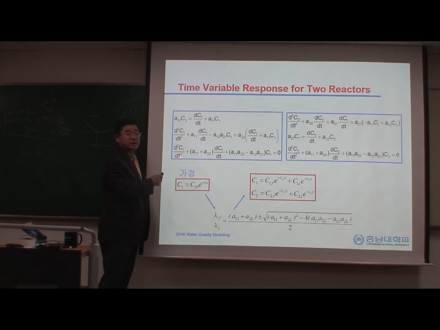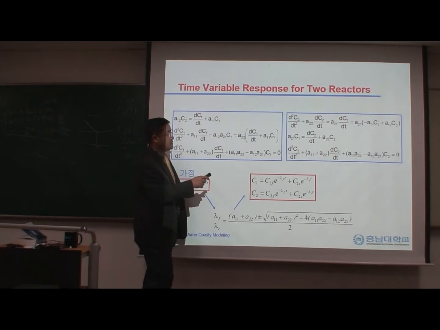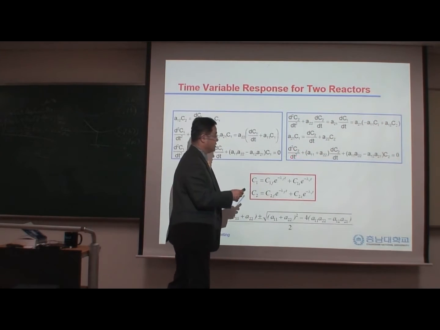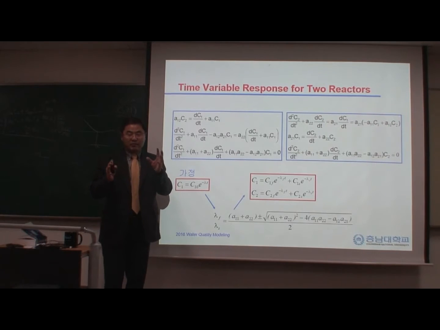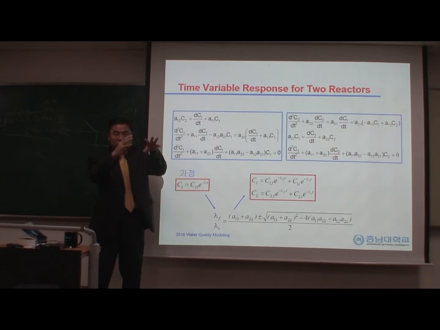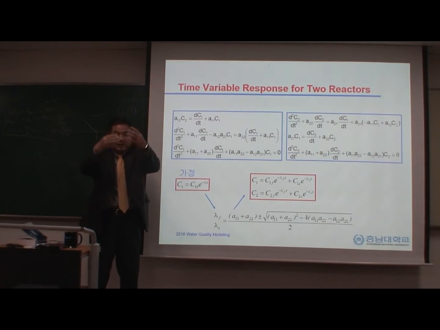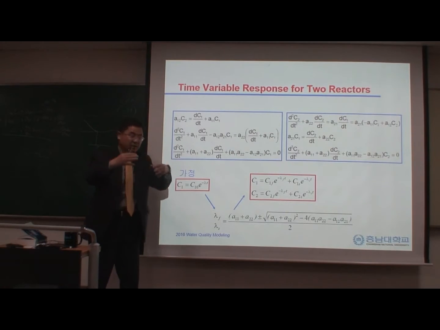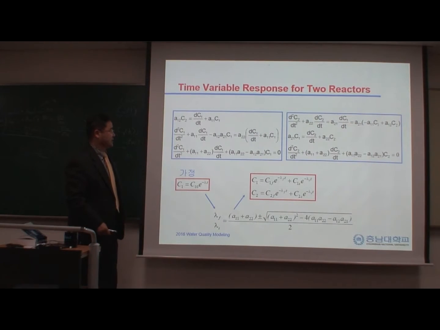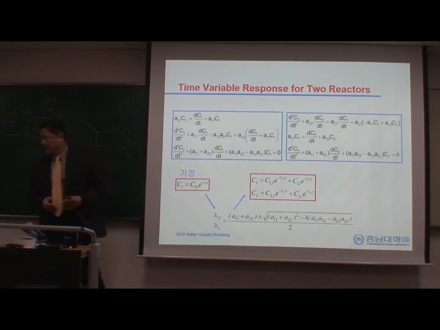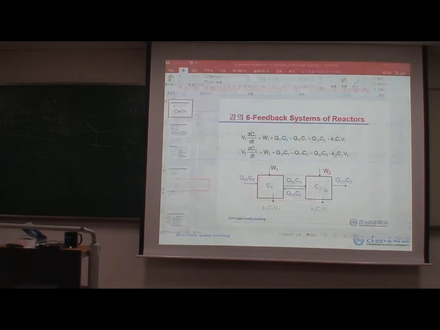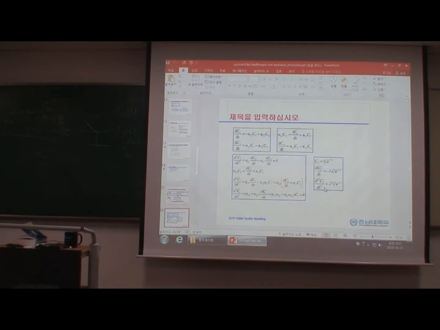In this case, we can solve it. Okay, for C2, we can do that too. What do we do? We just played with those two equations, and then somehow came up with this answer. And let's see if we have. Okay, I have it there.